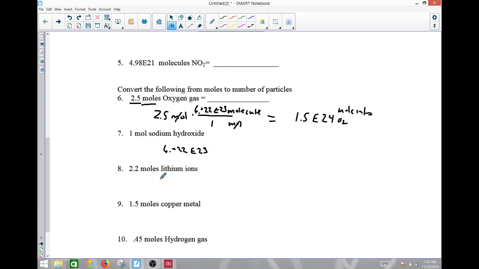2.2 moles of lithium ions. Lithium has to be Li+1, which is fine. It doesn't really matter. It's just a number of things. What this is here just doesn't matter. It could be 2.2 moles of donuts. It's just number of things. How many actual number of individuals are there?